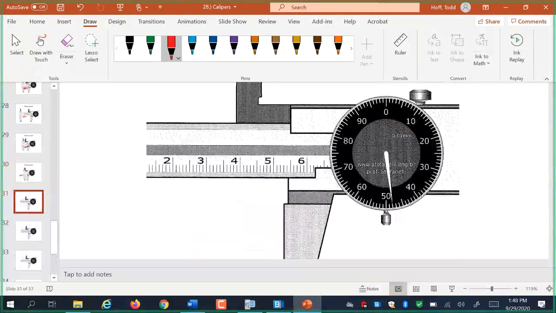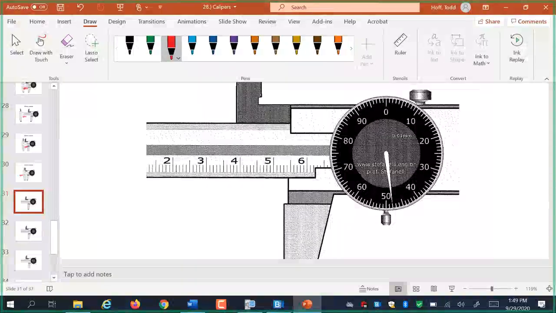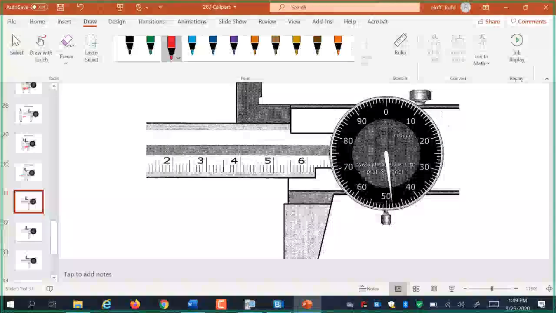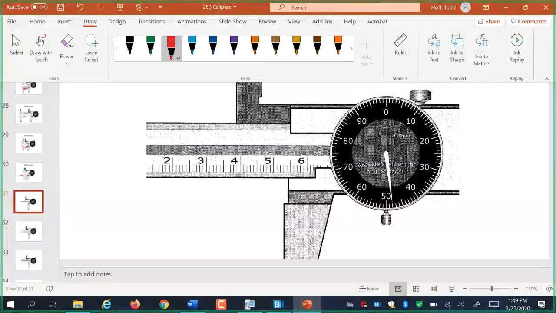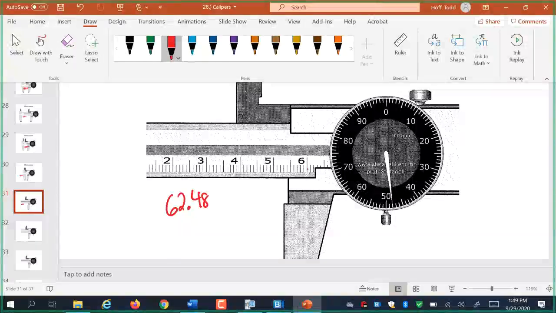We'll have you do one more in your notes. So our main scale here, that's 62.48 off of the dial, 62.48 millimeters.